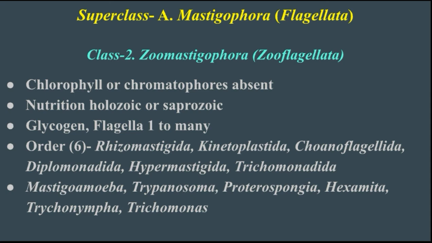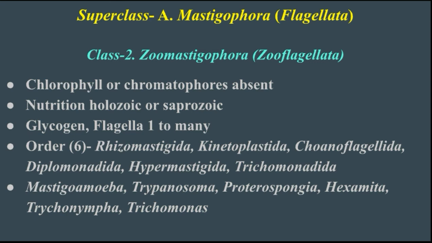The first order is Rhizomastigida, then Kinetoplastida, Choanoflagellida, Diplomonadida, Hypermastigida, and Trichomonadida. These are the 6 orders, and I have put here some examples of these orders.